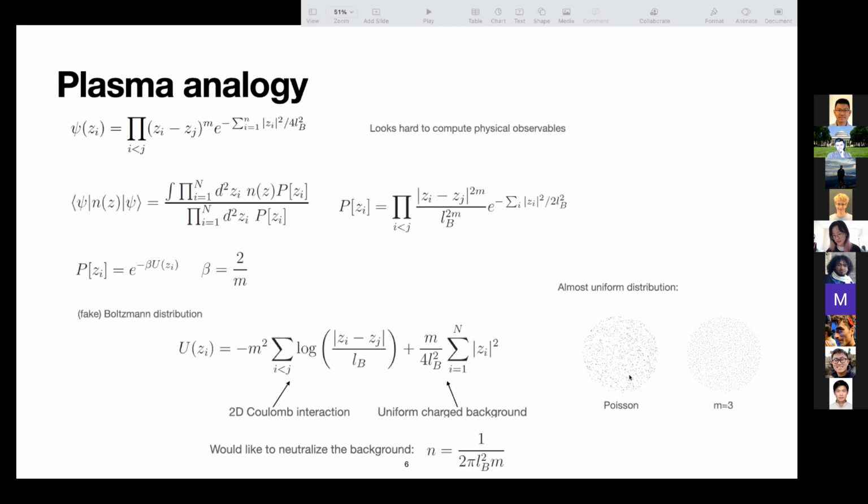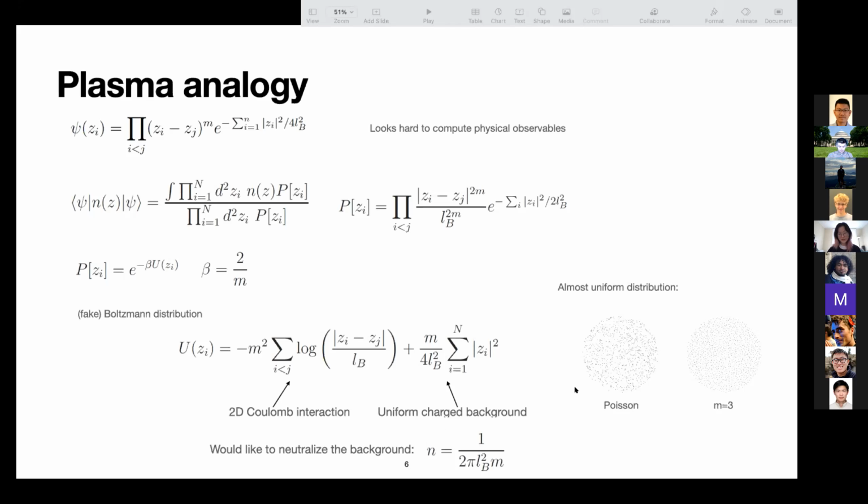And people try to plot a snapshot of this kind of distribution. If it's a Poisson, uncorrelated one, then it's on the left. But for this plasma, you can see that it's kind of uniform. From the point of view of the filling fraction, this plasma analogy doesn't tell us anything new.